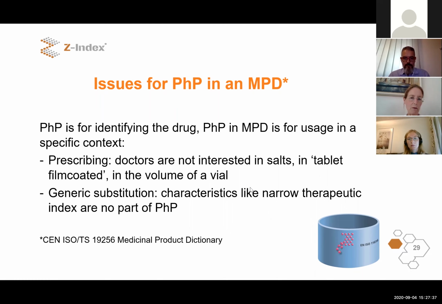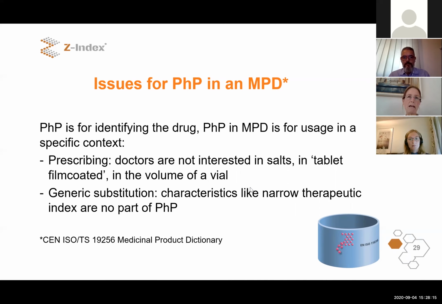And in healthcare, the use cases can be slightly different, and at least it is a different context. For example, when you use the pharmaceutical product for prescribing, doctors are not interested in the different salts. They are not interested whether something is a tablet film coated, a tablet coated, or just a tablet. And for generic substitution, characteristics like a narrow therapeutic index are also important, but are not part of the pharmaceutical product.